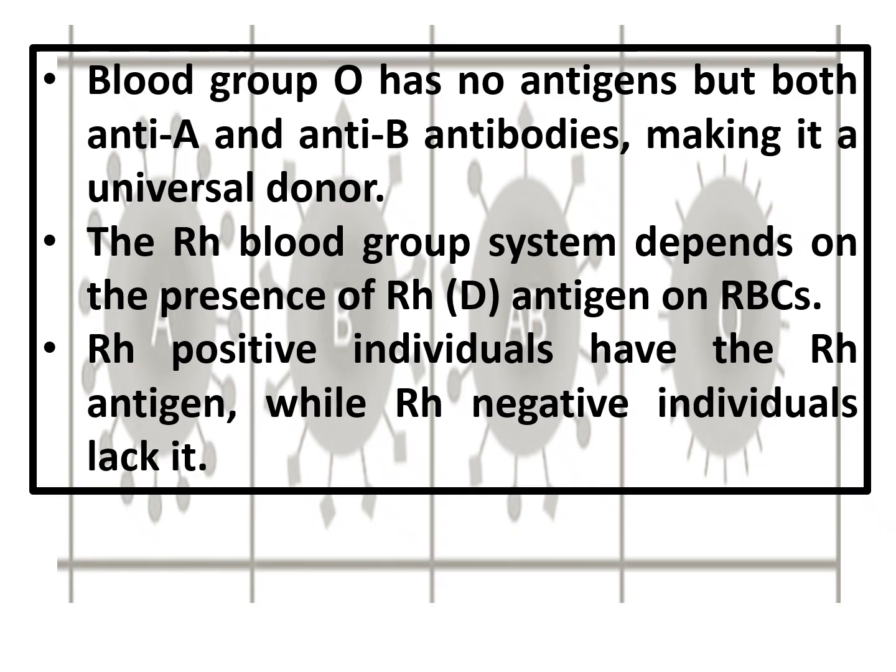Now this external one is an extra one actually. The D antigen is present on red blood cells only. If it is present, it will be indicated as positive. If it is absent, it will be indicated as negative. So Rh positive individuals have the Rh antigen, whereas Rh negative individuals lack it.